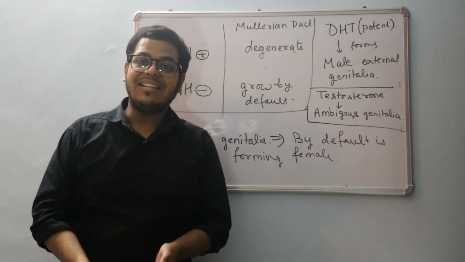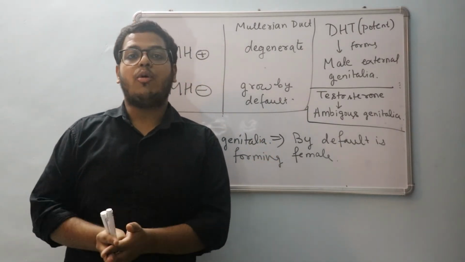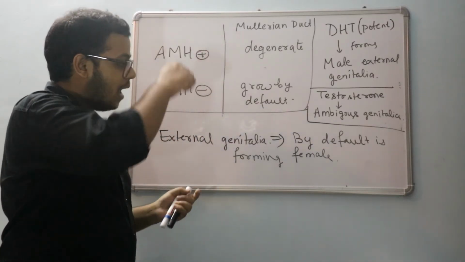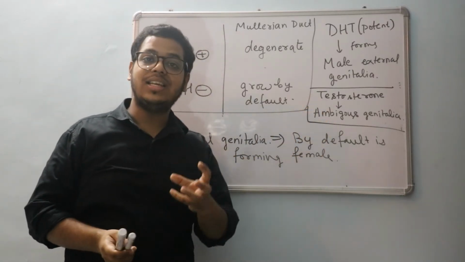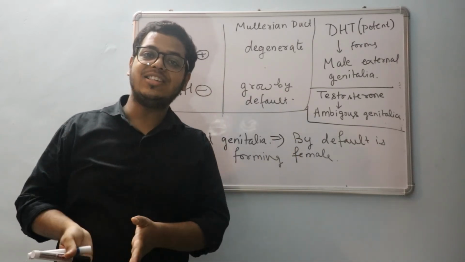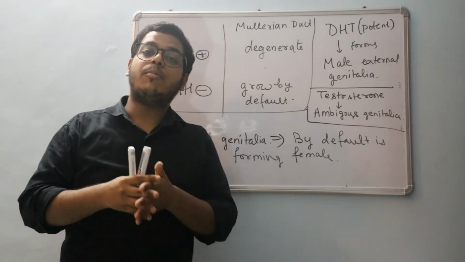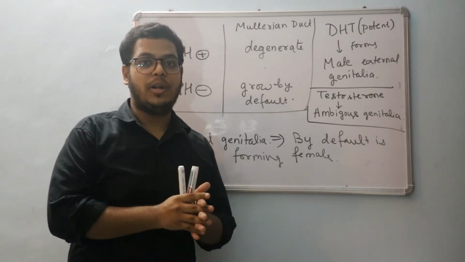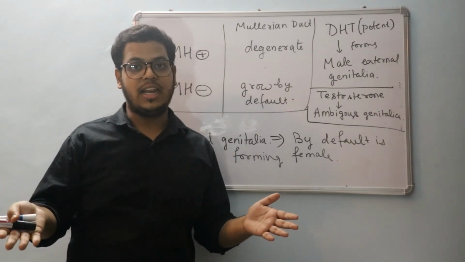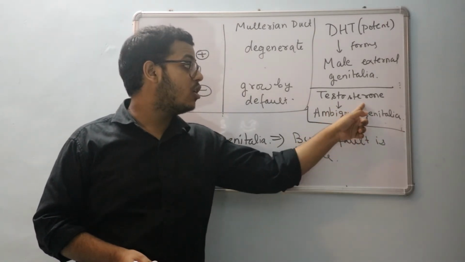Neither will it be properly female, that is the vulva, nor will it be properly the male external genitalia like scrotum and all. It will neither be completely a scrotum, nor properly labia majora. Neither will it be properly clitoris, nor properly penis. It will be somewhere in between the male and female external genitalia. That is known as the ambiguous external genitalia, which will be formed by the testosterone.